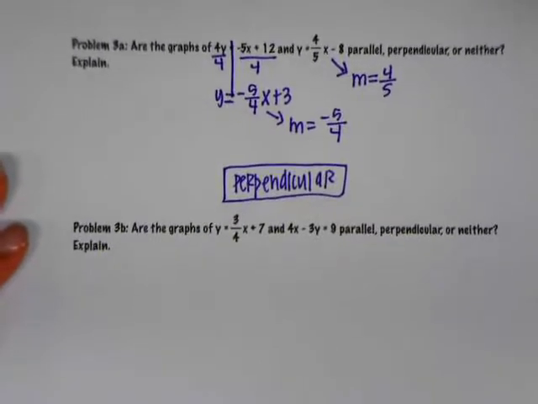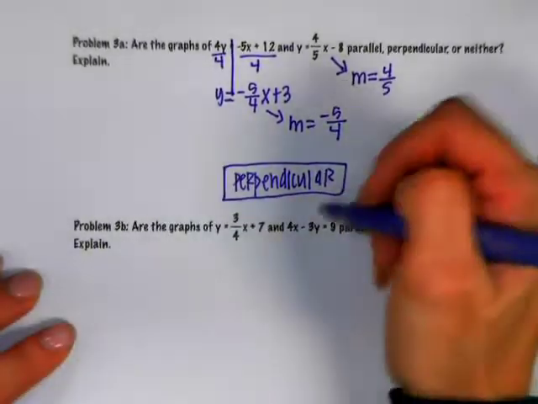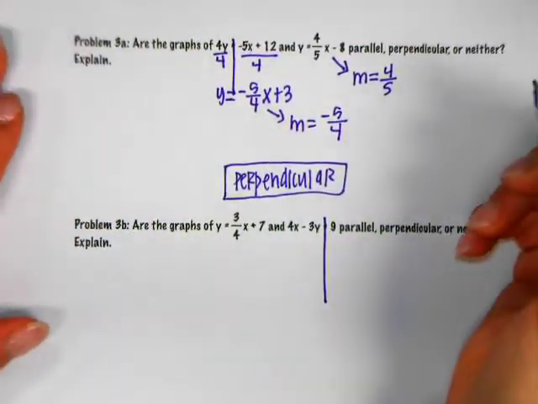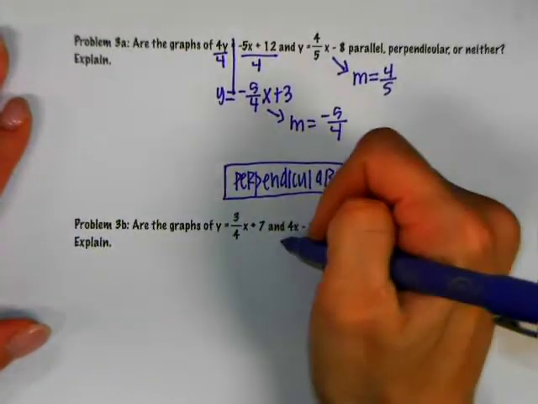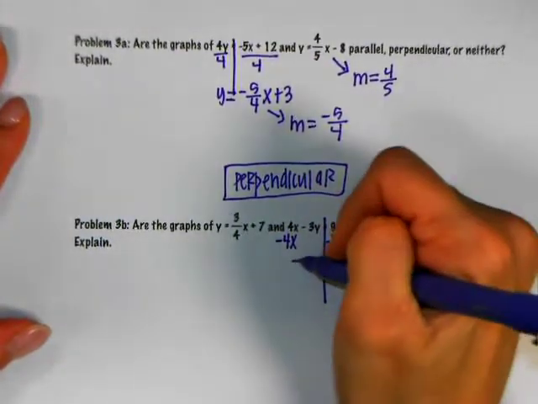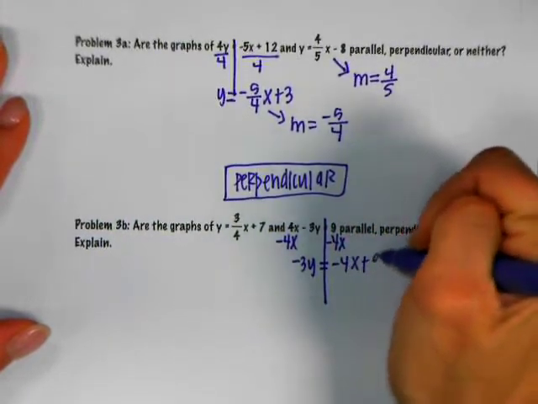Okay, so this one's already good to go. It's y equals mx plus b. This one we need to rearrange. So what am I going to do first on this one? Yep, minus 4x. So we have negative 3y equals negative 4x plus 9.